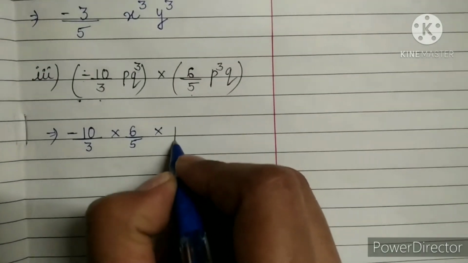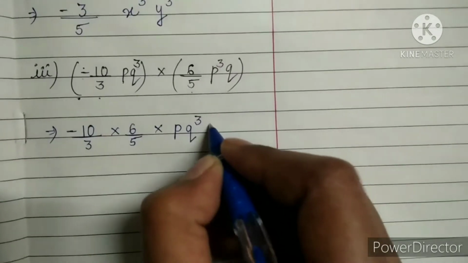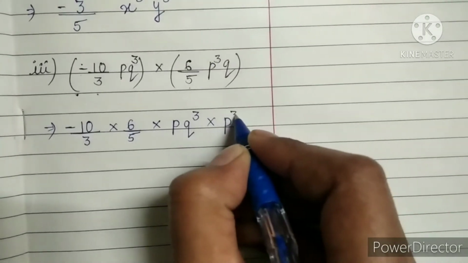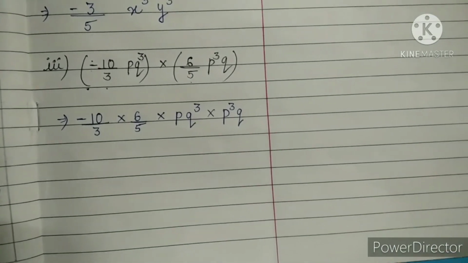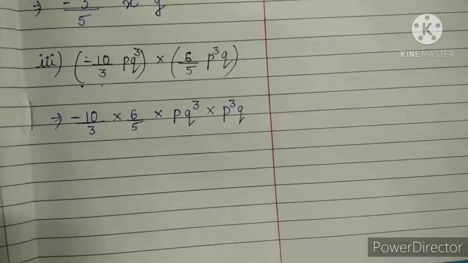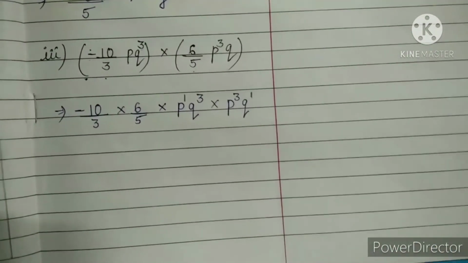The remaining terms are pq cube multiplied by p cube q. Both have p and q, so we can add their powers because of the multiplication symbol.